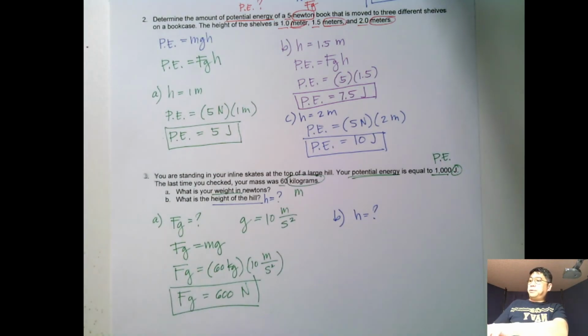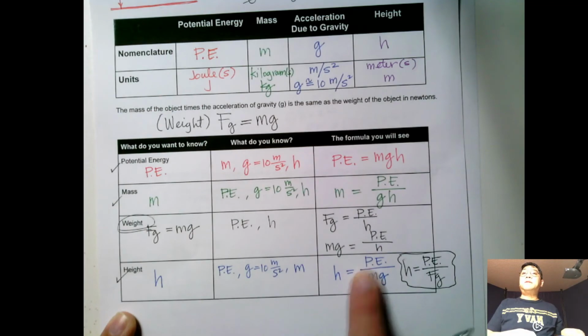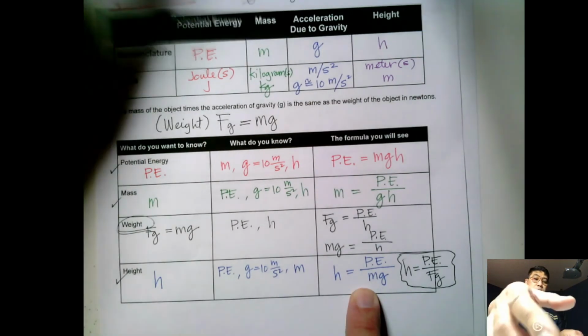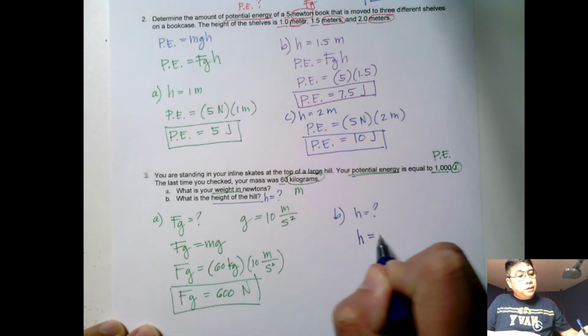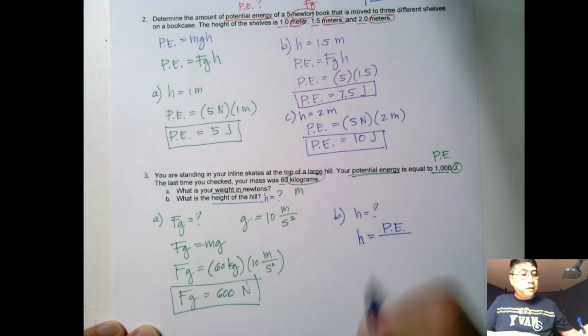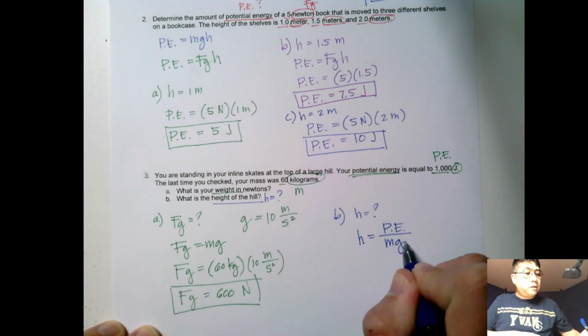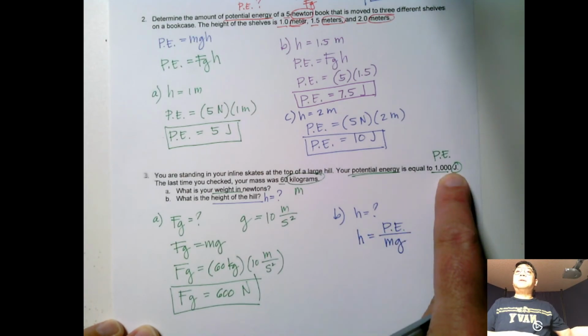Going back to our notes from the previous video, to solve for height is basically potential energy divided by mg. So let's copy that equation right here. H is your potential energy divided by mass times g. Potential energy is given at 1000.